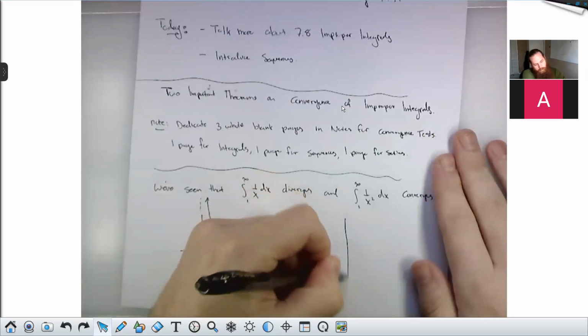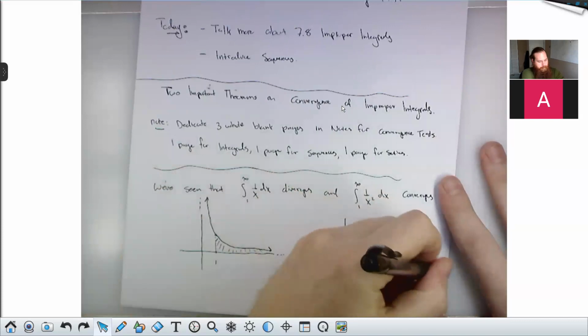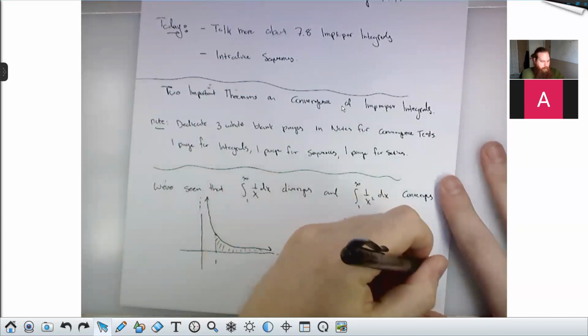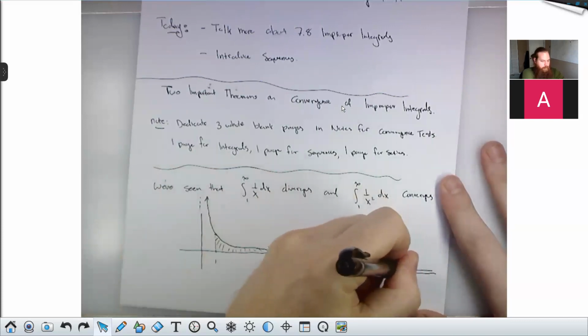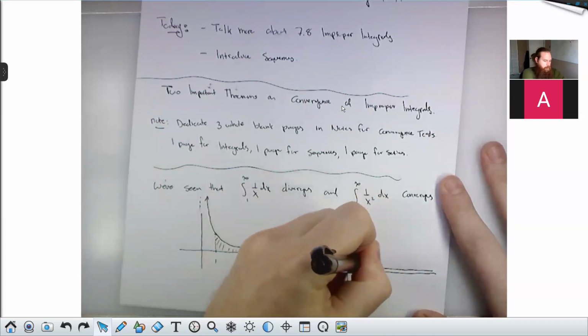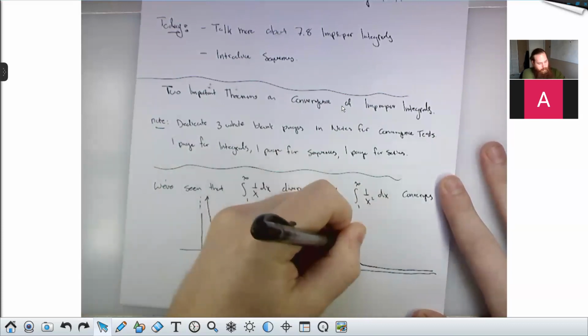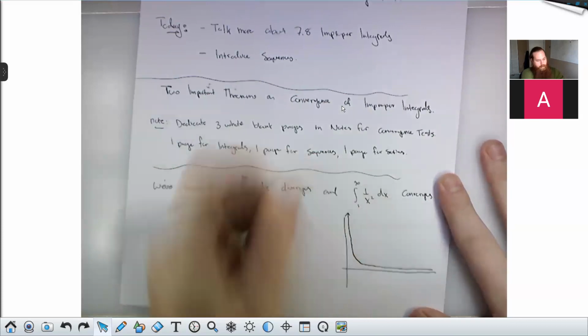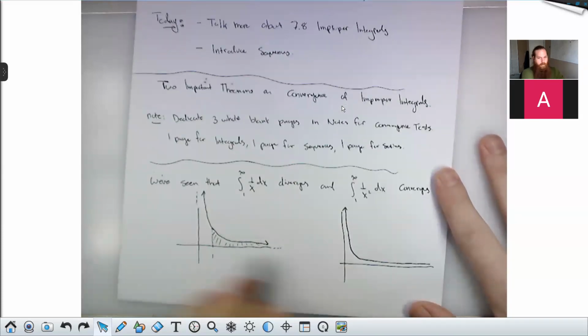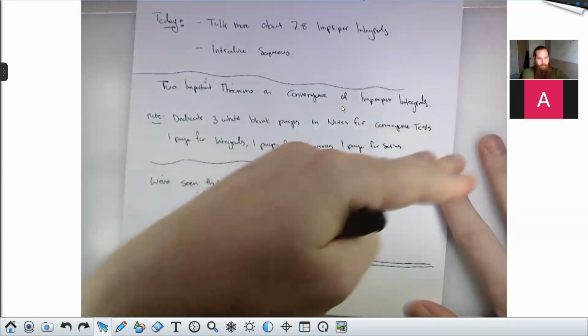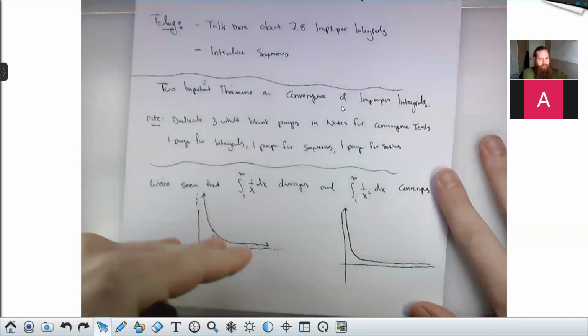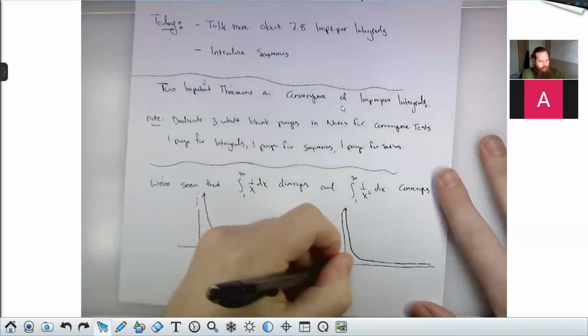And the graph of 1 over x squared in that first quadrant looks very similar, except it kind of sits down a little bit harder than this guy. If you take this guy and squish him down a little bit, you get this guy.